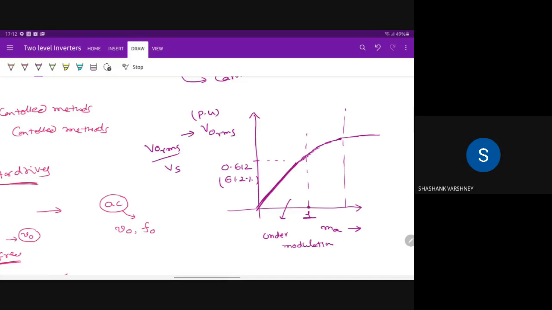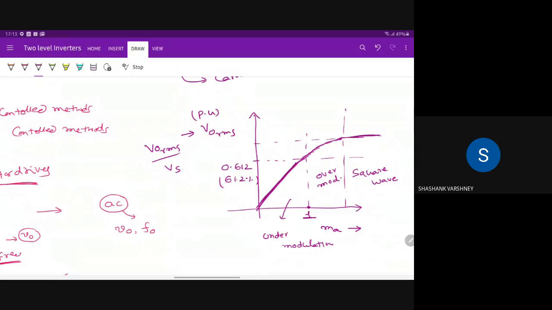Clear? So you have this under modulation and this is over modulation, right? And after that, it will not make any intersecting operation, so it is just simply a square wave operation, right? Clear? So previously, what is the square wave output voltage?